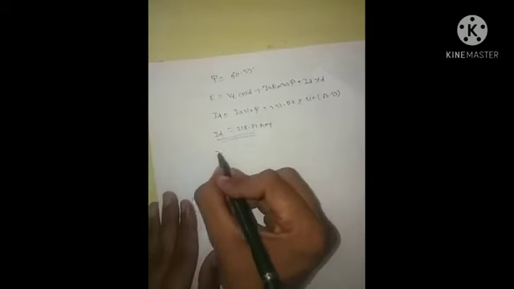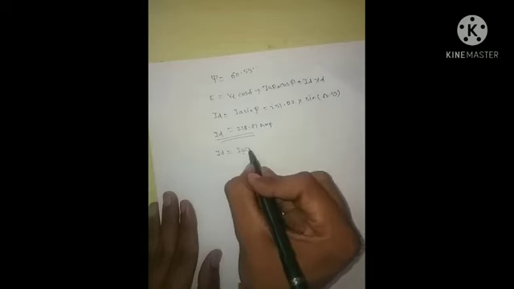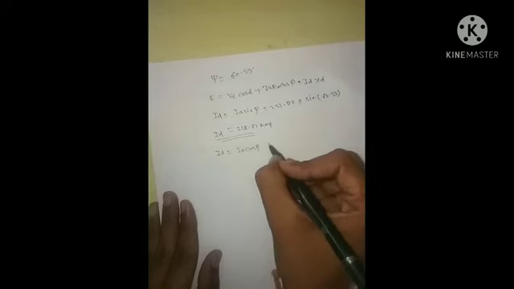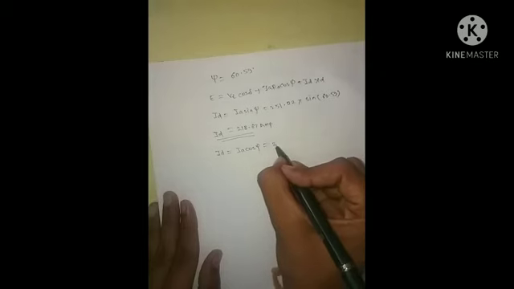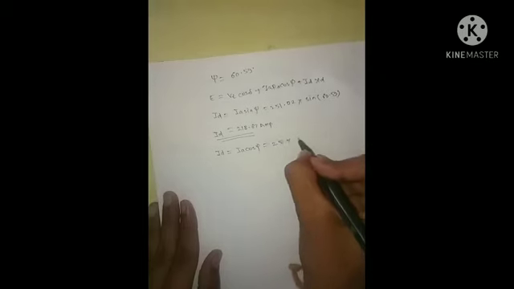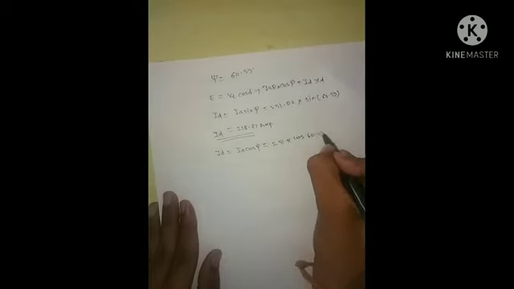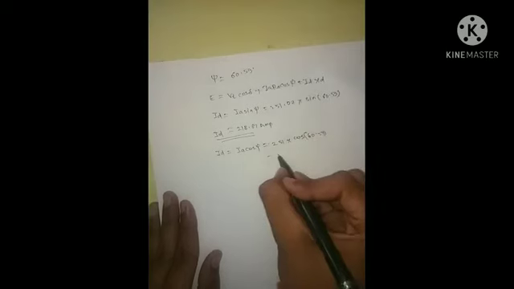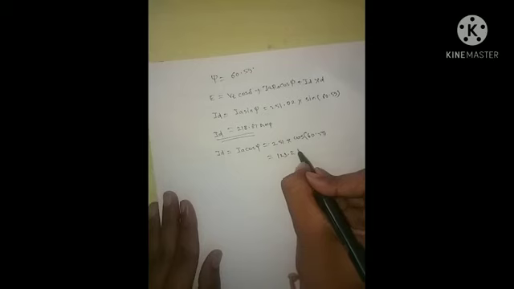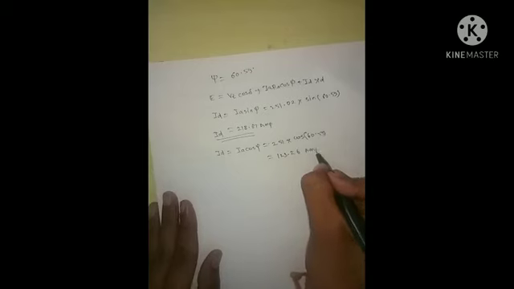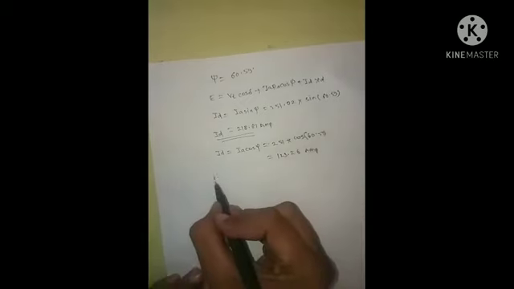Therefore, IQ equals IA cos of psi equals 251 into cos of 60.59, and the value we will get is 123.27 ampere.